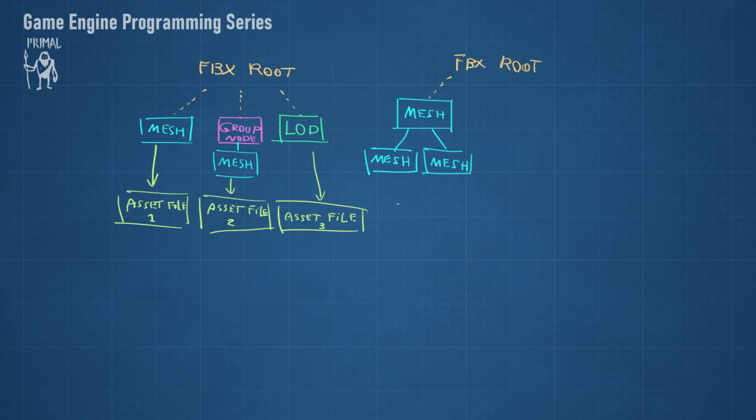But what if we had a more complicated scene hierarchy? Maybe we have a mesh tree with different meshes and even a group node in there. In this case, I'll simply make a flat list of all meshes within this tree and save it to a single asset file.